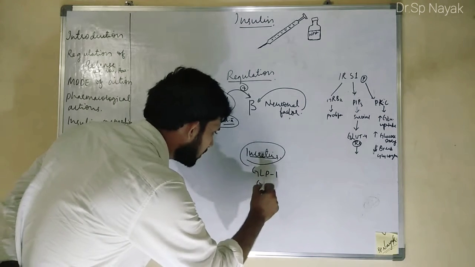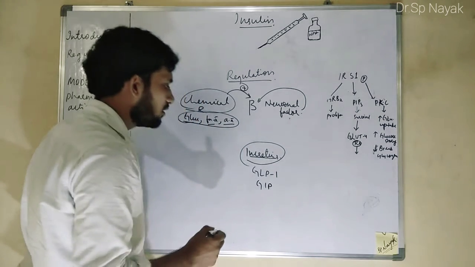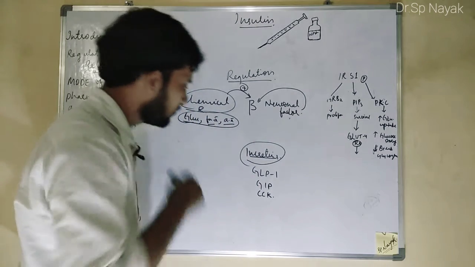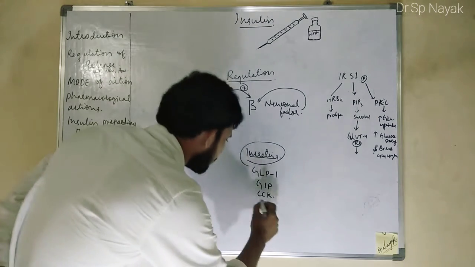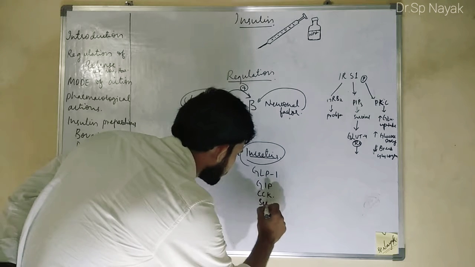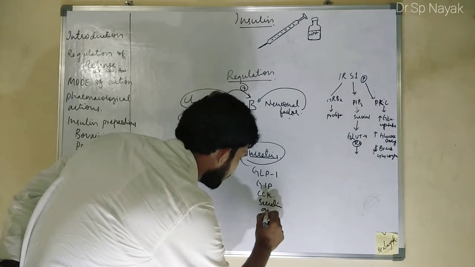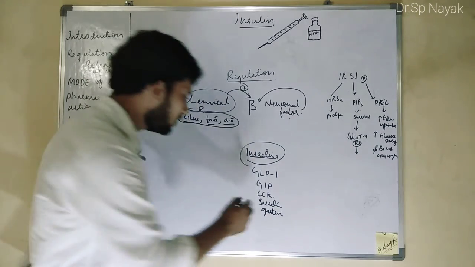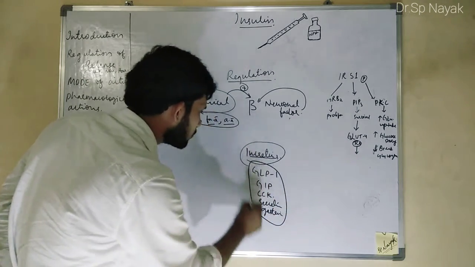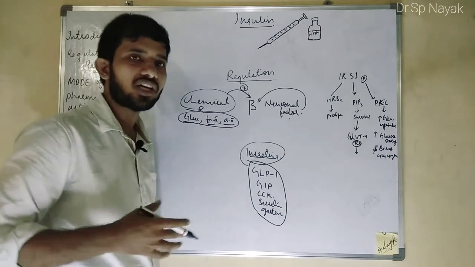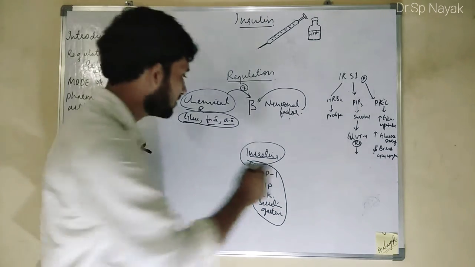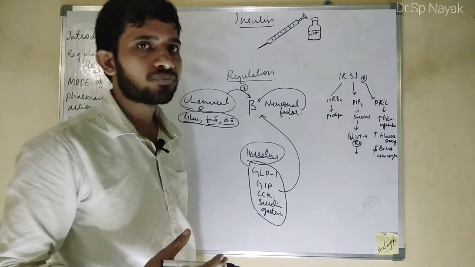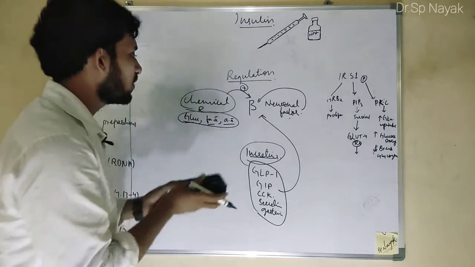We have GIP, and we have CCK, and we also have secretin, gastrin, and many other incretins. All these hormones which are secreted from the GI tract will influence the beta cells to increase its synthesis. So this is the regulation of insulin.